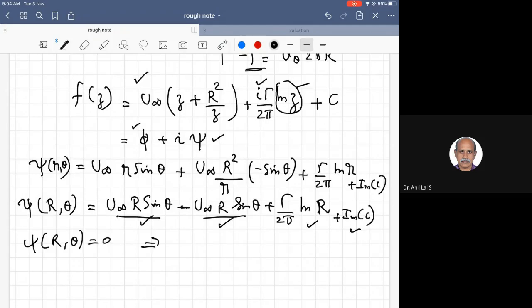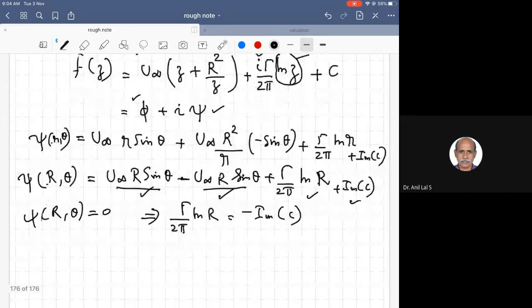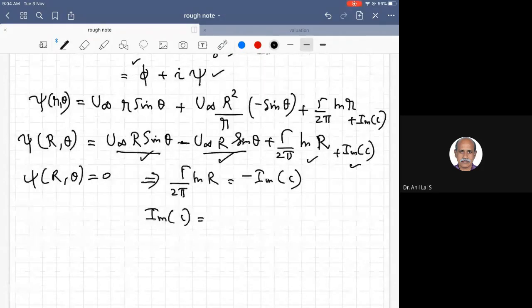So psi of r theta equal to 0 on the surface of the cylinder implies that gamma by 2 pi log R is equal to minus the imaginary part of C. Or the imaginary part of C is equal to minus gamma by 2 pi log R. Also C can have a real part, but that would contribute to phi, and we are not trying to impose any condition on the value of phi.